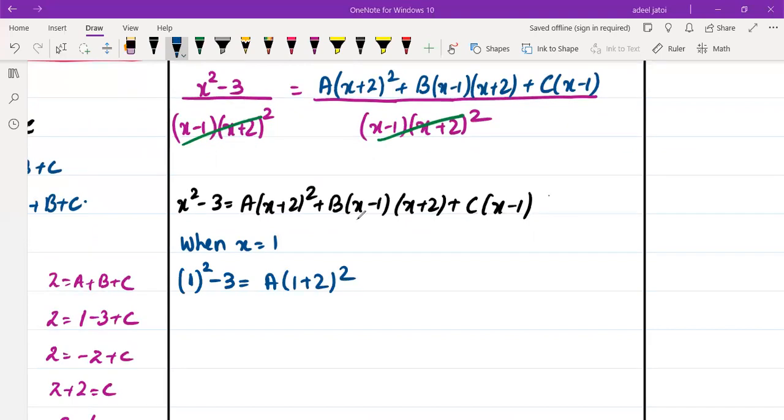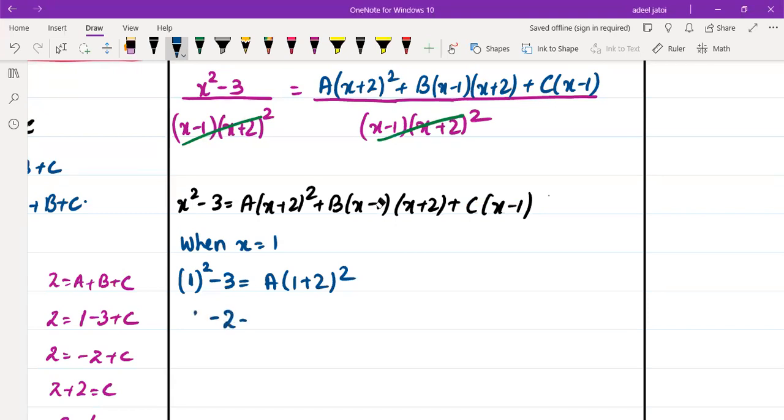If we substitute 1 in x, the b bracket turns out to be 0, so the entire b term should be 0. Similarly, for c, if we write 1, the entire term becomes 0.